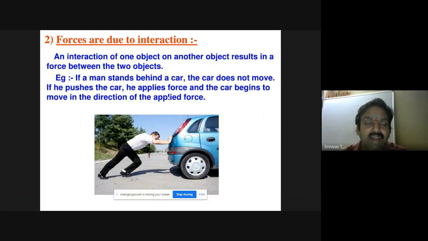Unless one object is interacting with the other object, we cannot have any type of force. Like here, the man is pushing, so he's interacting with the vehicle, and that is the reason why. So forces are basically due to interaction. We can say a man standing behind the car, and the car doesn't move simply. If he pushes the car, then he applies force, and the car begins to move in the direction of the applied force.